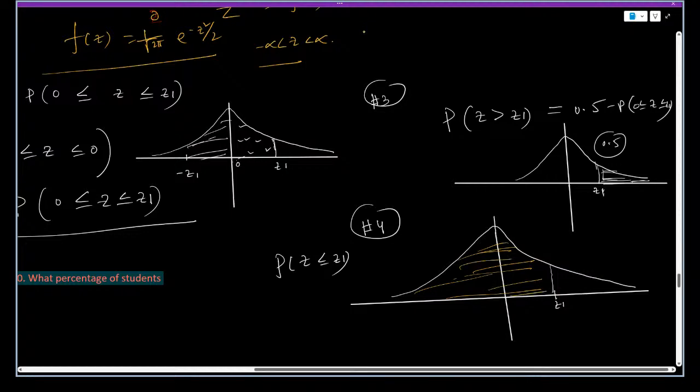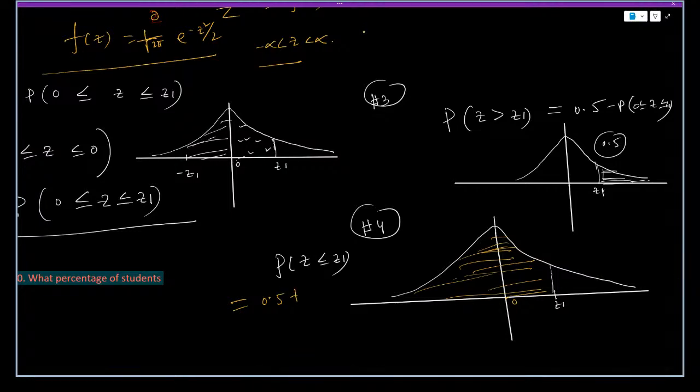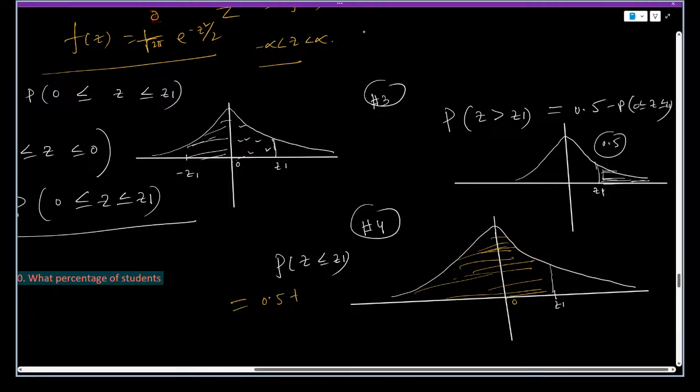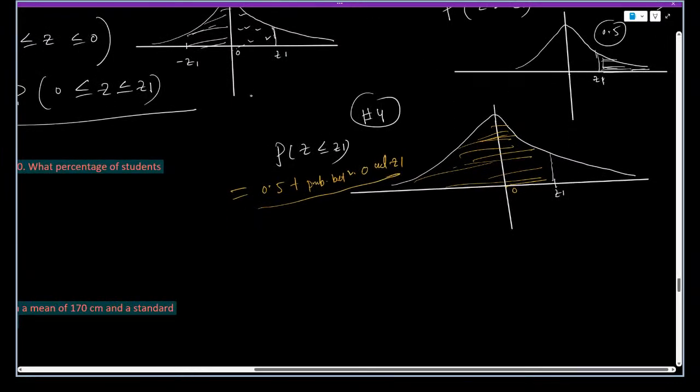So this is the probability up to 0 plus the probability from 0 to Z1. The probability up to 0 is 0.5, plus the probability between 0 and Z1, which you get from the table. Clear?